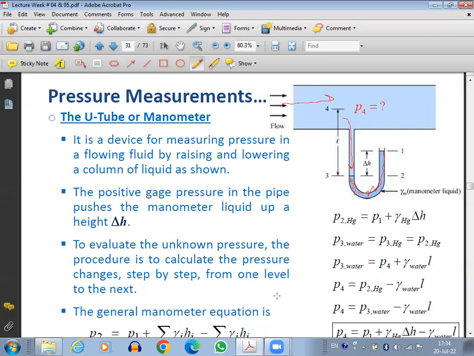And the third disadvantage is that it can be used only where the pipe pressure is higher than atmospheric. If it is lower than atmosphere, then instead of fluid entering into the piezometer tube, the outside air will enter into the pipe. So again, useless. So this is the thing that I can ask. What is a piezometer tube? What are the limitations? And I have mentioned the three limitations.